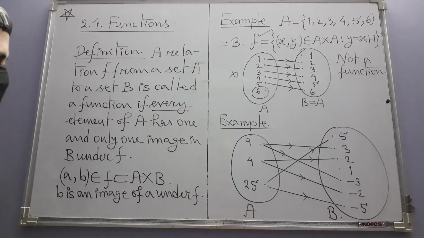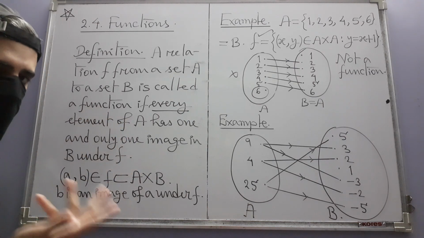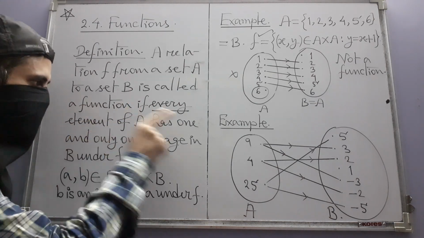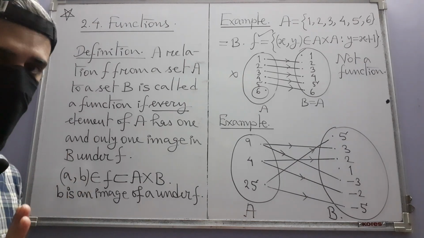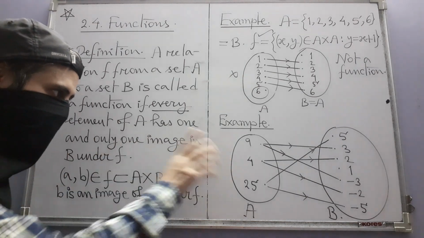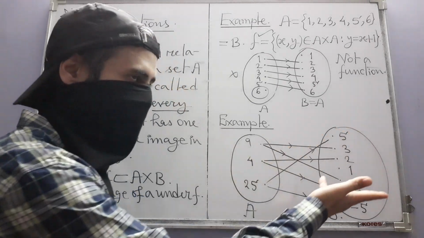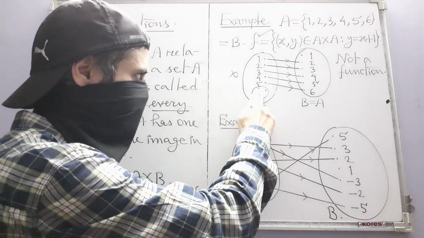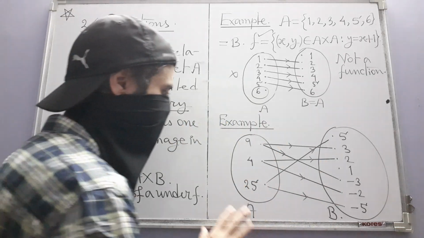So now we go to the other part of this condition, if you want to say it like that. Every element needs to have an image, but only one image, not more than one image. That has been violated here. All the elements of A have images. No element is sitting idle, like here 6 is sitting, which does not have any image under this relation.